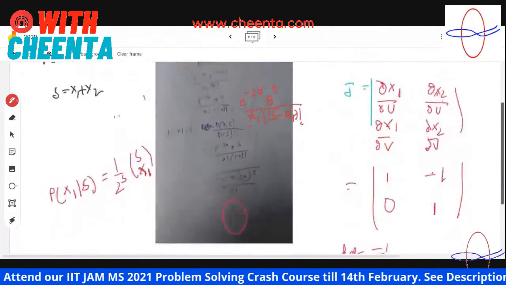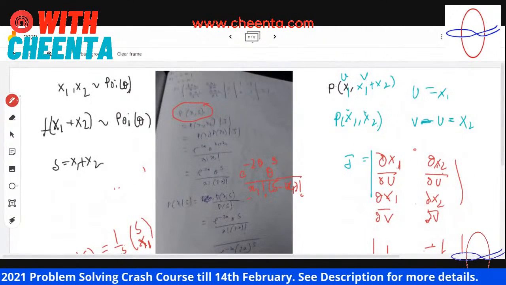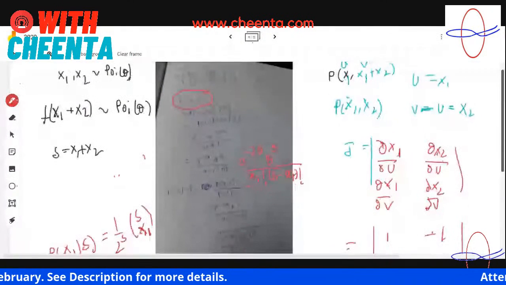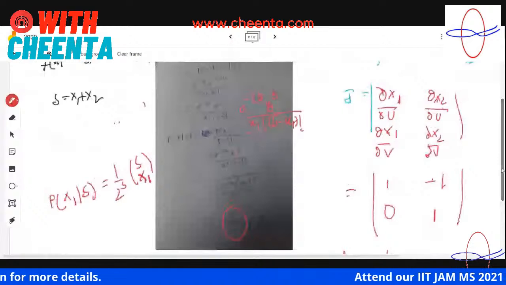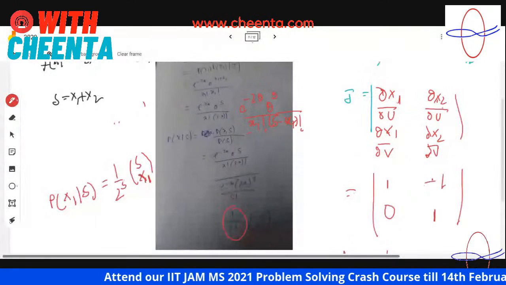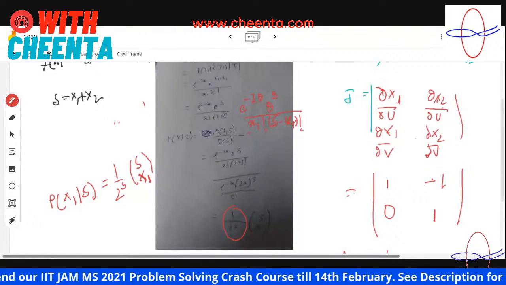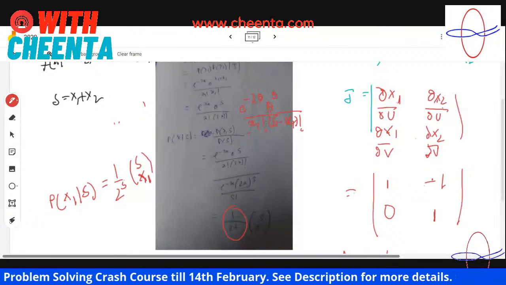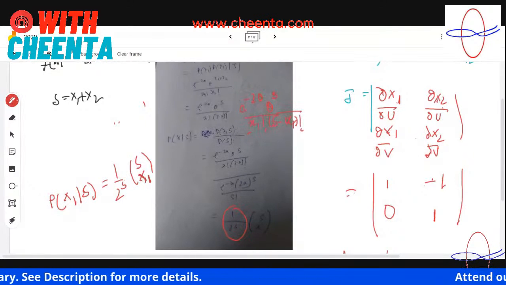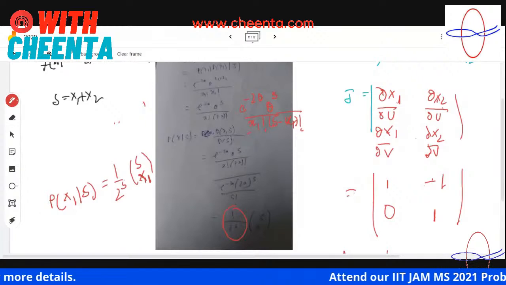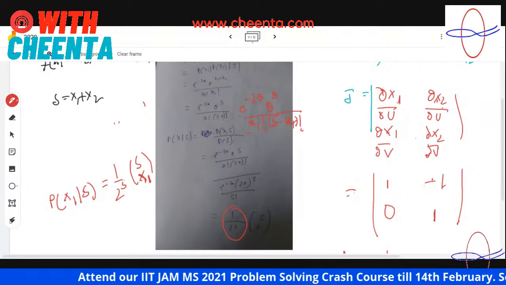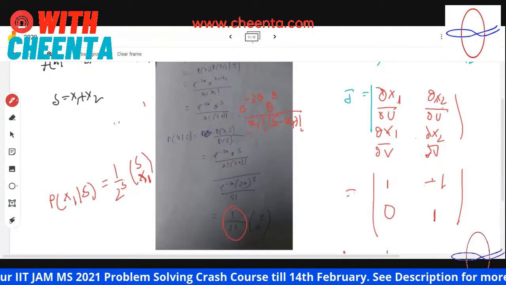Suppose f is this, so what is f? Wait, it's the UMVUE of the Poisson function. Just wait a minute.